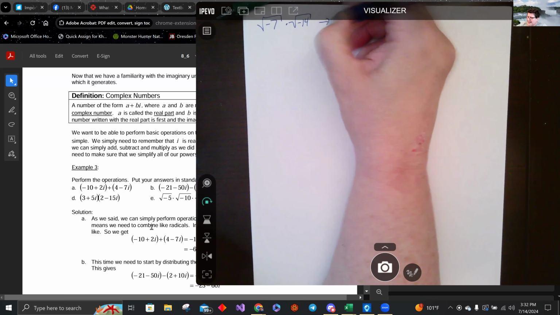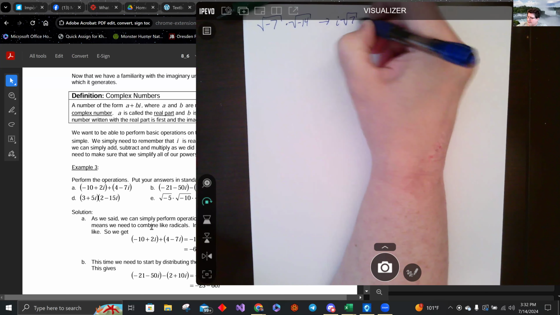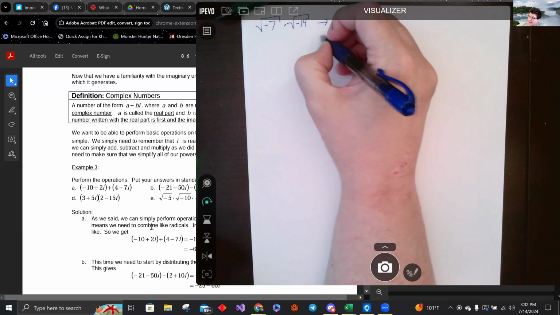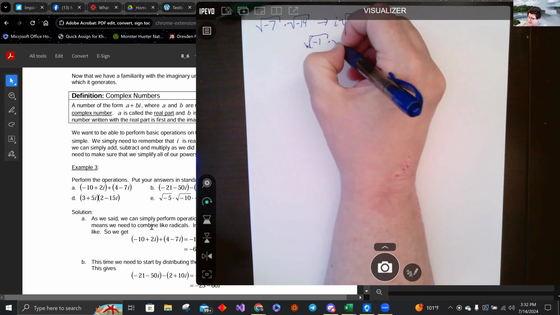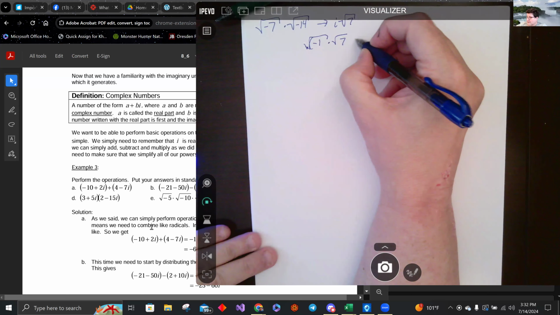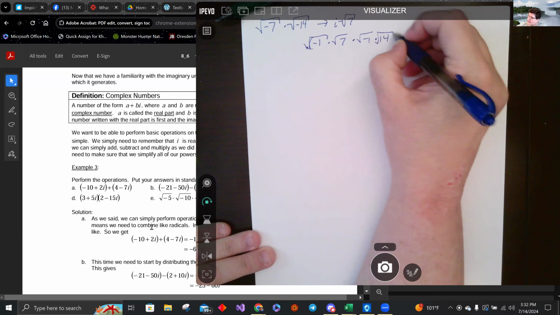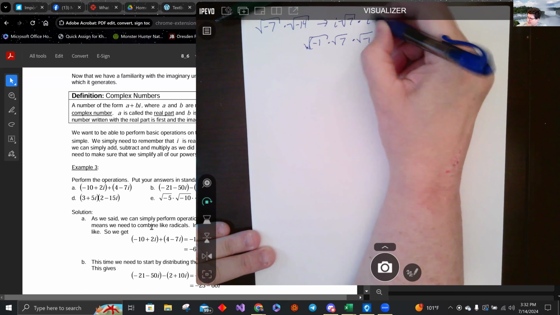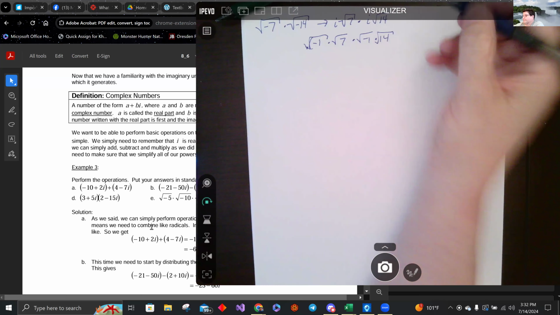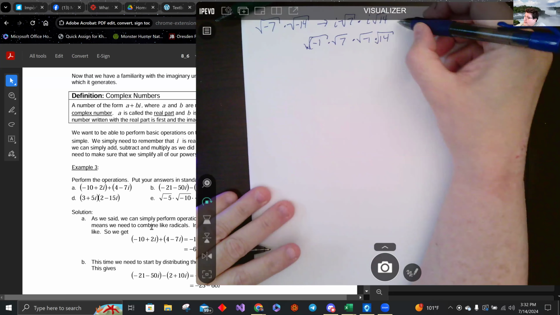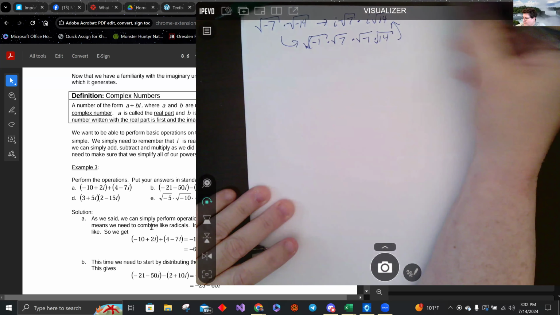You need to take out the i first. This is i root 7. We're doing negative 1 times 7 times negative 1 times 14. So this is i root 7 times i root 14. That was a long way of doing it.